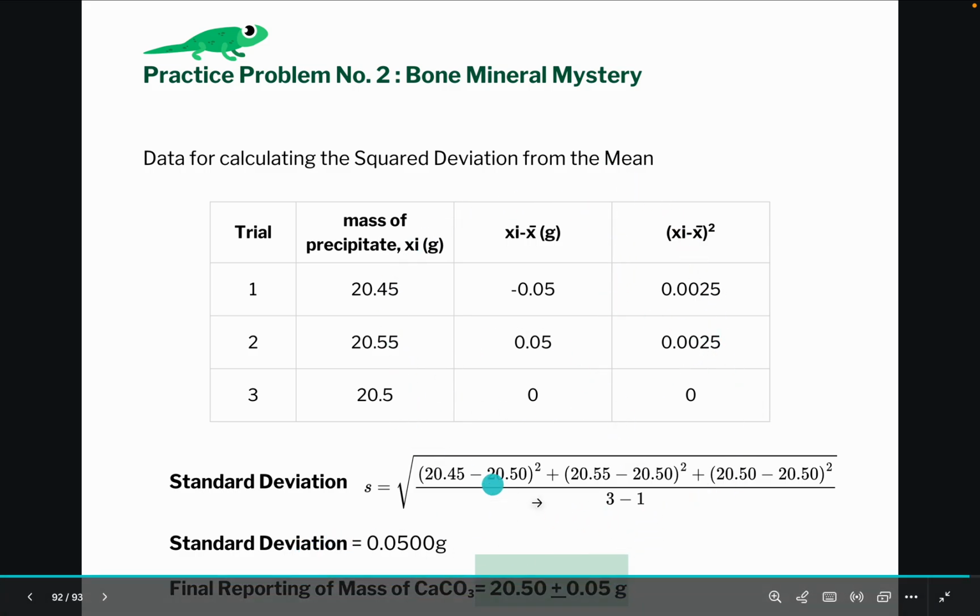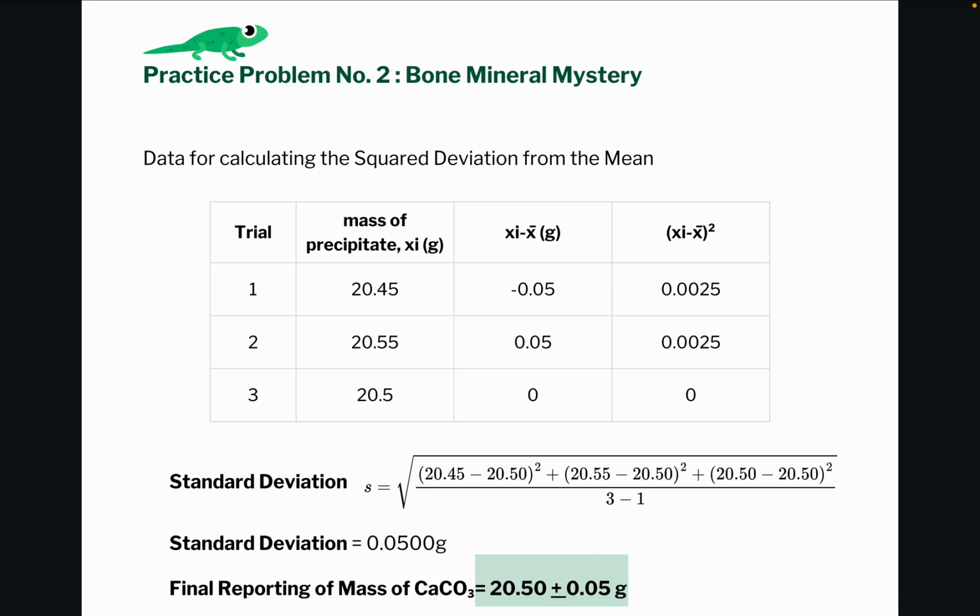So for reporting our data, you report the average, or our mean, which is 20.5 or 20.50, plus or minus our standard deviation, which is 0.05 grams. So we report it as 20.50 plus or minus 0.05 grams.